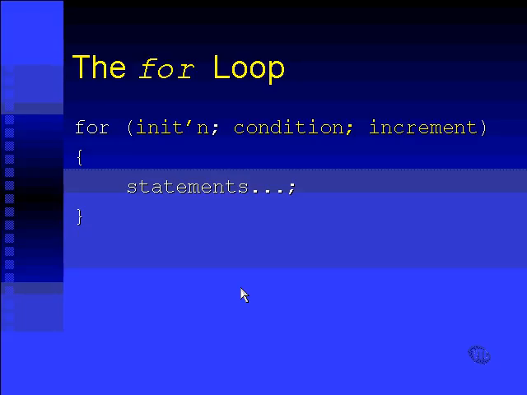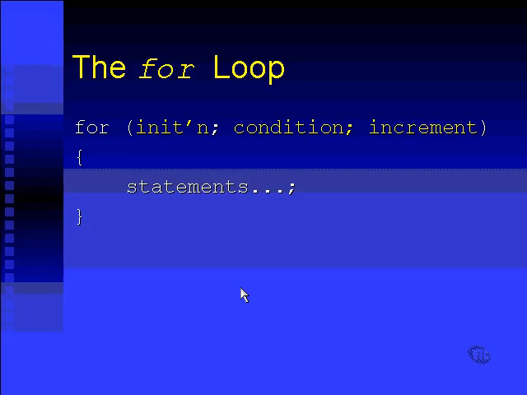It's a one-off affair. Next, the condition is checked in the same way that the condition is checked in the while loop, and in the same way the condition is checked in the if statement. If the condition is true, we continue on into the loop. And if the condition is false, then we do not go into the loop at all. So we go into the loop if the condition is true and execute any statements in the loop. Now, here's the complex part.